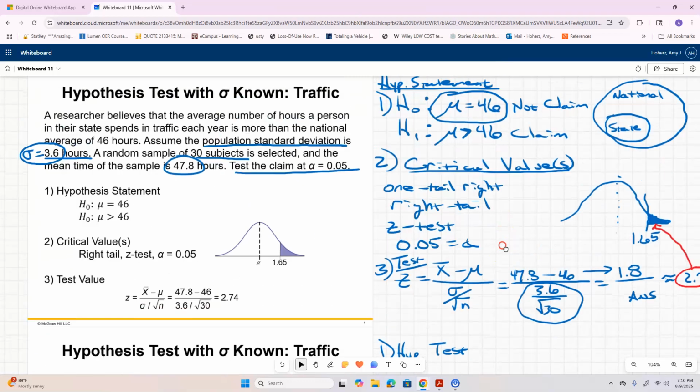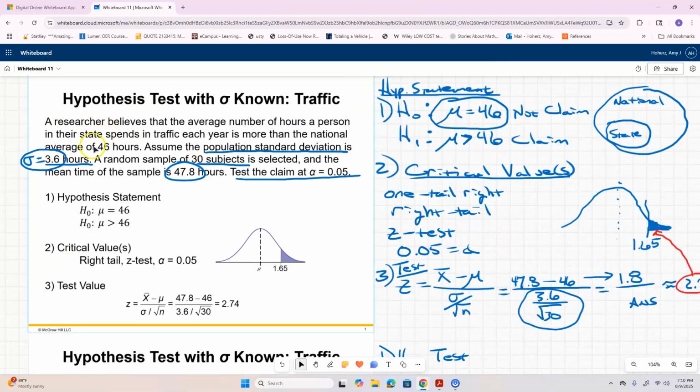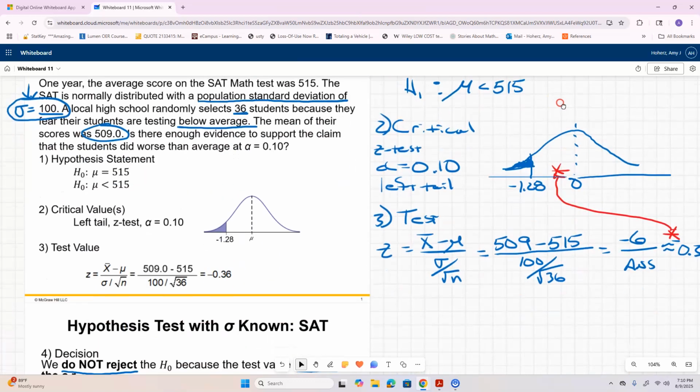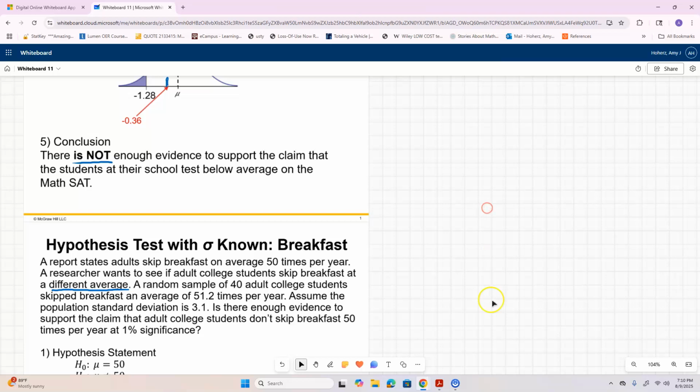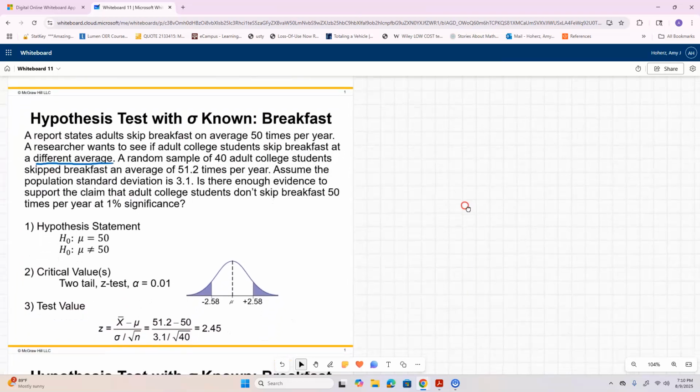These are all subsets. We had the national and the state, and in this case the national and the school was a subset of the national. And then in this case we've got the national average of all adults, and we're looking at a subset of adult college students.